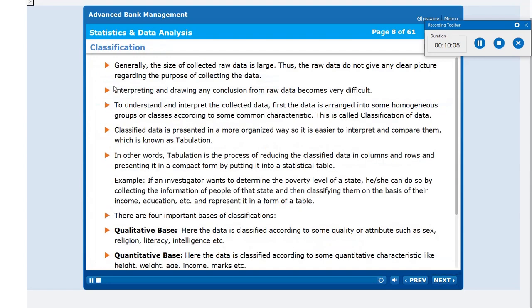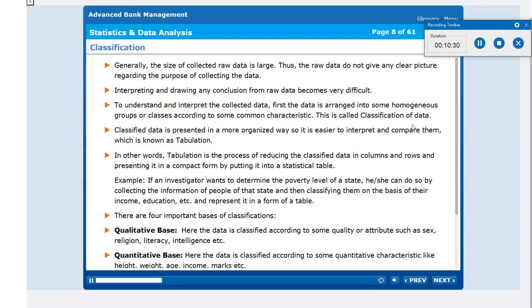Classification. Generally, the size of collected raw data is large. Thus, the raw data do not give any clear picture regarding the purpose of collecting the data. Interpreting and drawing any conclusion from raw data becomes very difficult. To understand and interpret the collected data, first the data is arranged into some homogeneous groups or classes according to some common characteristic.